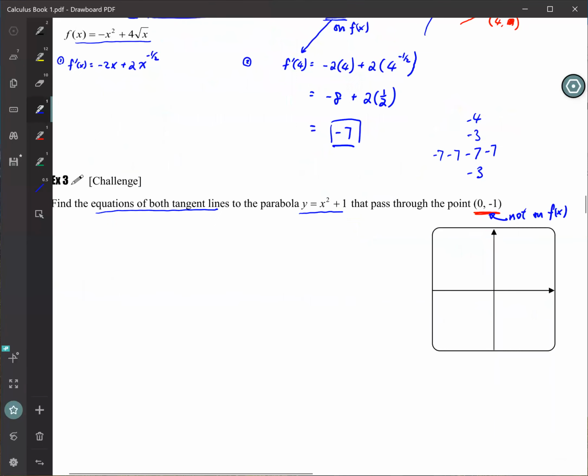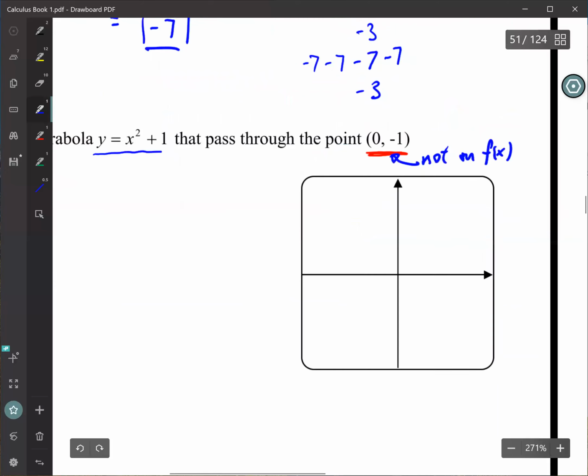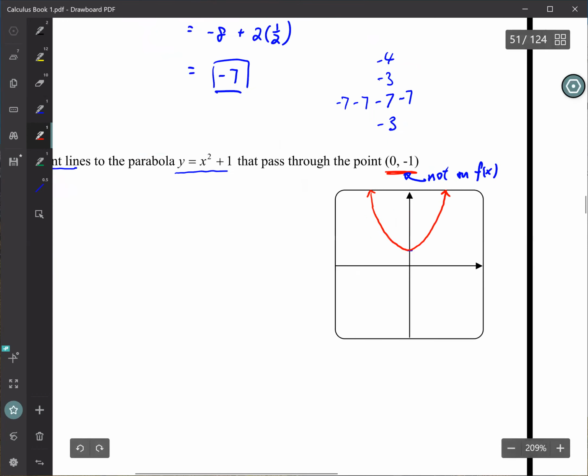See what it looks like first. So this is a parabola with a vertex at 0, 1, right? So let's draw that. And then opens up. And then they give you a point that's at 0, -1. So 0, -1 will be here.